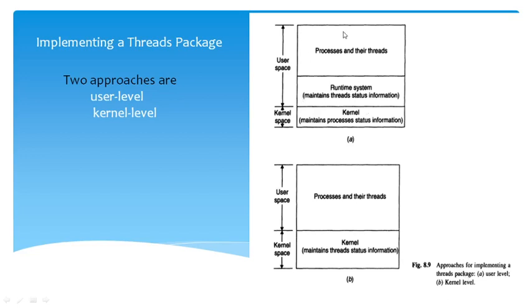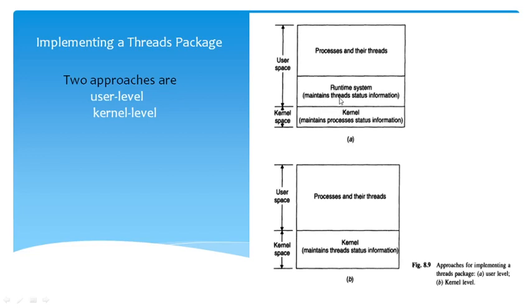In the user level approach, the user consists of a runtime system, which is a collection of all the threads, and it manages the routines. So threads run in the user space on top of the runtime system, and they will be managed by it.